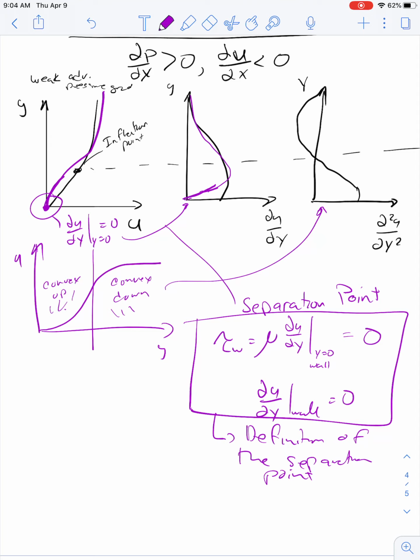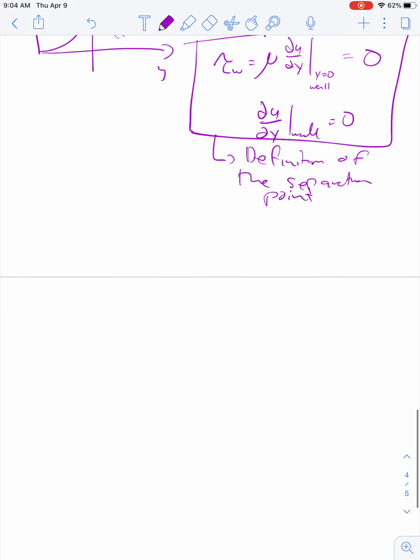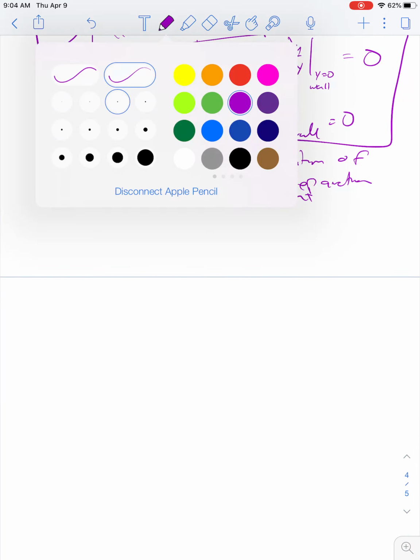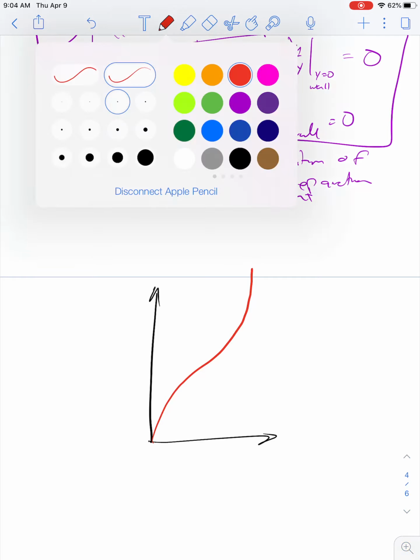So what happens after that? Well, that's a good question. After the separation point, if we look at our velocity profile, remember that before separation our profile looked something like this.